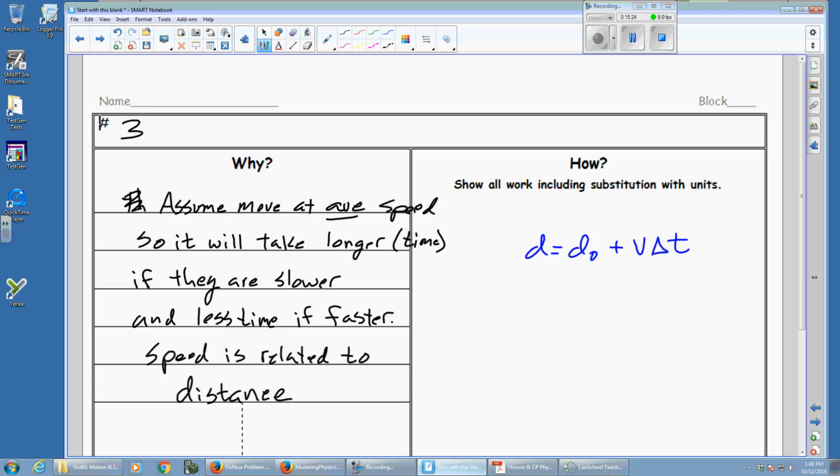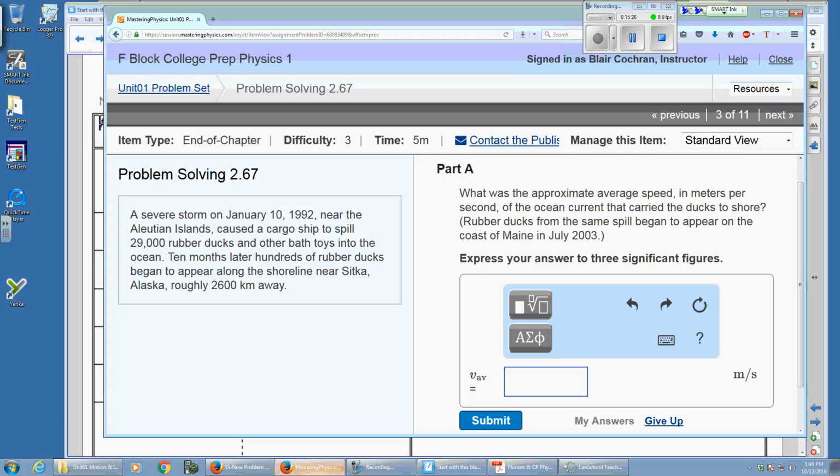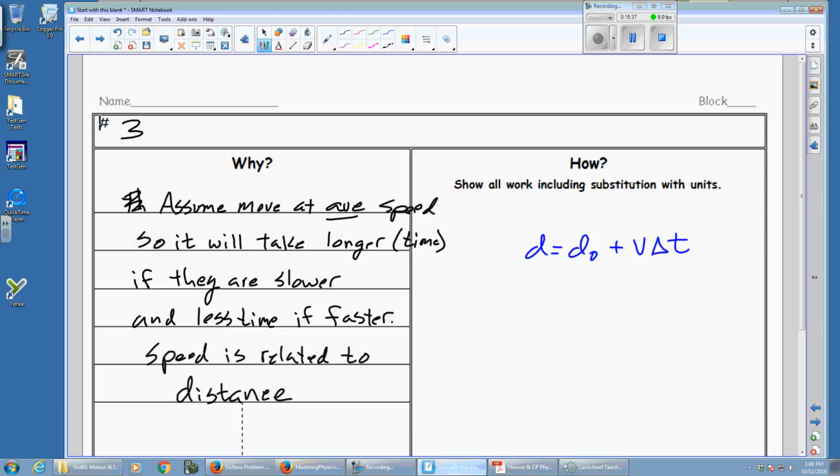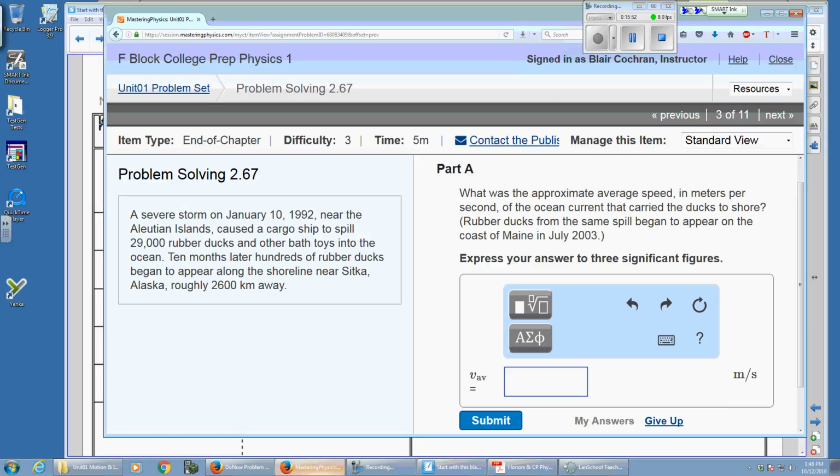So, how far away did they end up? Do I know how fast they moved? No, that's what they're asking me to find.